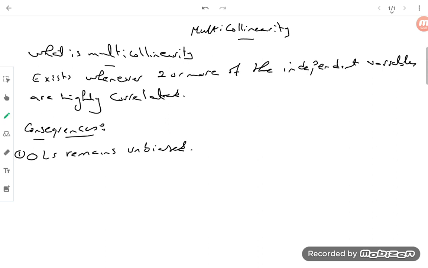While with respect to the T ratio, it will be unreliable, because the standard error of the coefficients will be greater than what it should be.